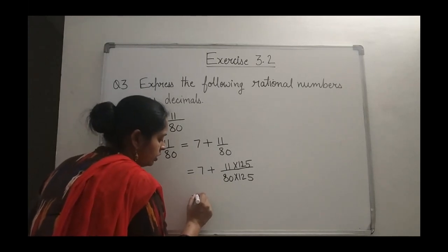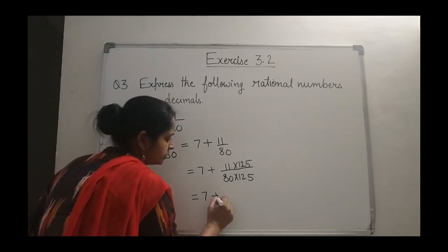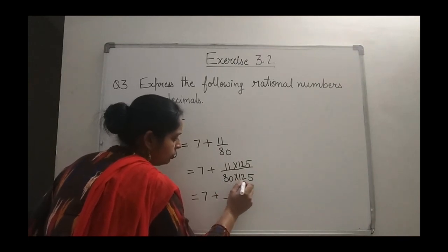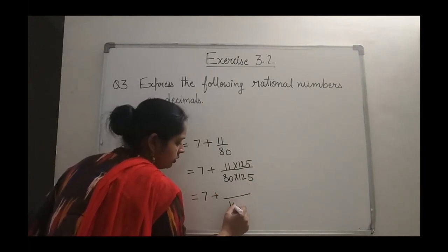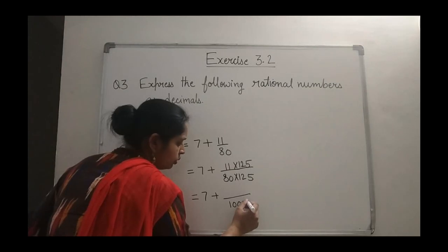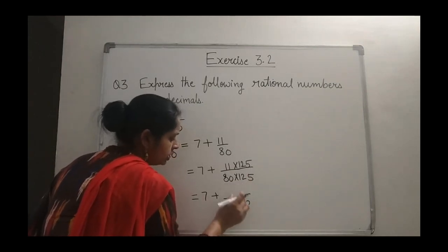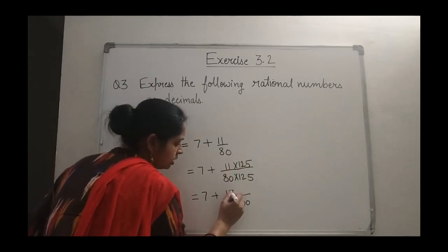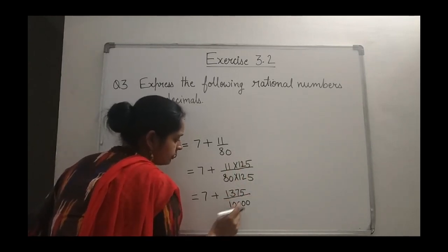So you will get 7 plus, 80 into 125 is 10000, and 125 into 11 is 1375, right?